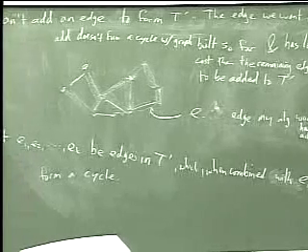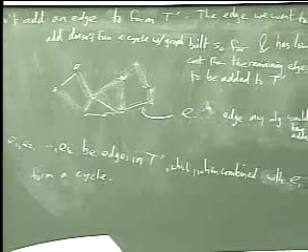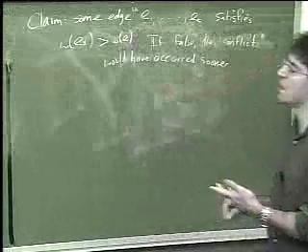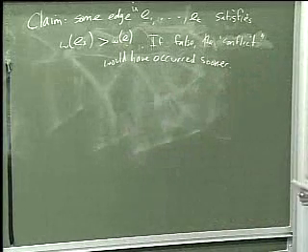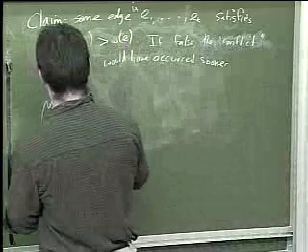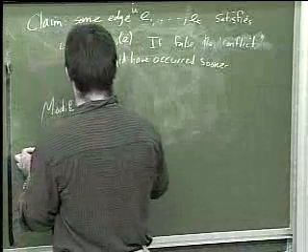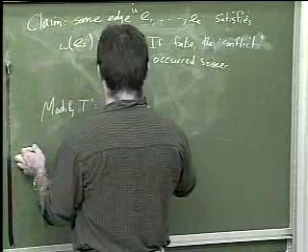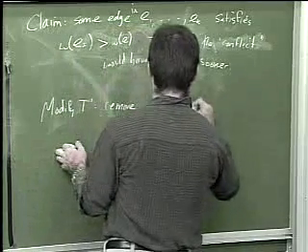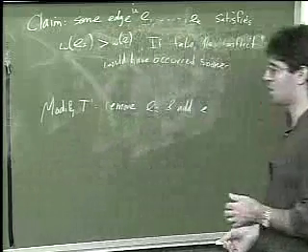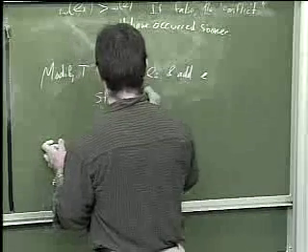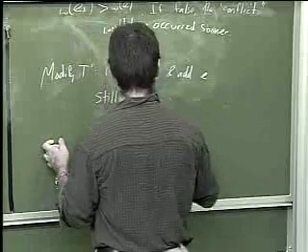So now I've got this edge E that has weight, sorry, this should be weight of E. Okay, I've got this E that has weight less than this E sub I, and so now I'm going to modify T prime. Remove E sub I and add E. Okay, and it's still connected, still a tree.